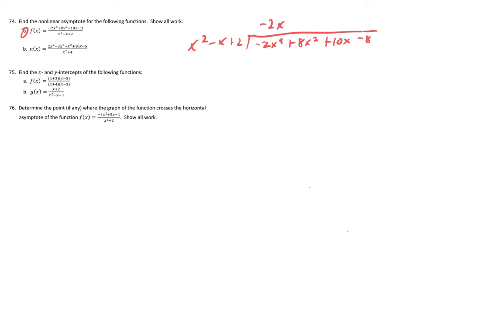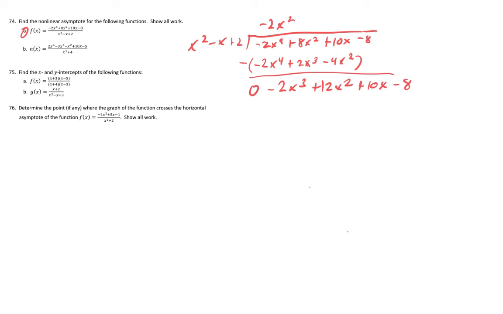It would be negative 2x squared, so minus 2x to the 4th plus 2x cubed minus 4x squared. And we're going to subtract that off. So 0 minus 2x cubed plus 12x squared plus 10x minus 8.